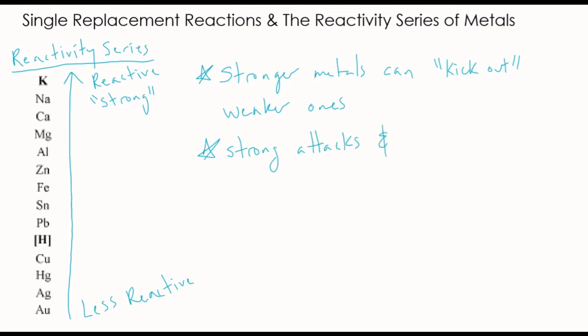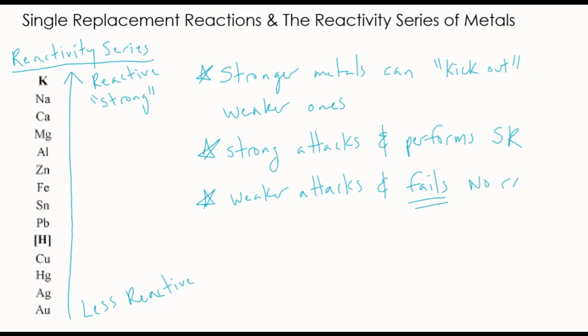So when something strong attacks, that means it will work and it will perform a single replacement reaction. When we have something weaker that is attacking, well, it's not as strong, so it's going to fail and it's not going to perform a single reaction. What's going to happen is just no reaction. You will see literally nothing.